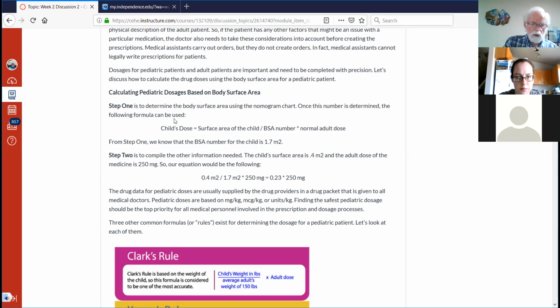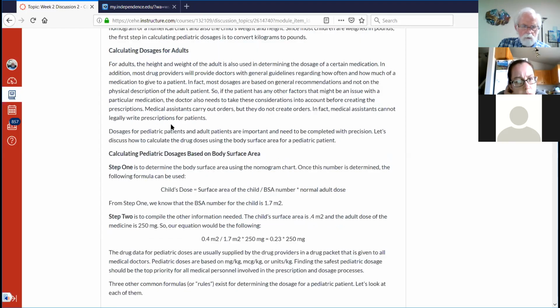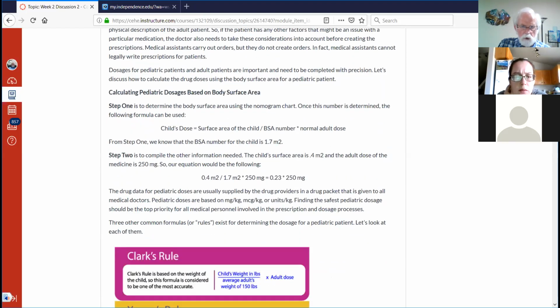So in this particular case, this actually is a wrong statement. The example should be that the body surface area of the child, which we've looked up on a nomogram chart, is 0.4 square meters.